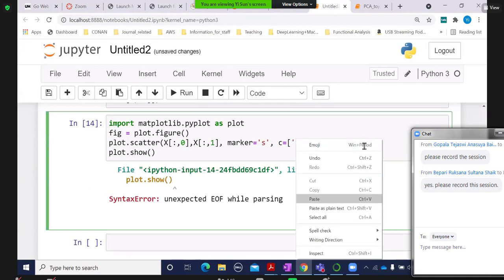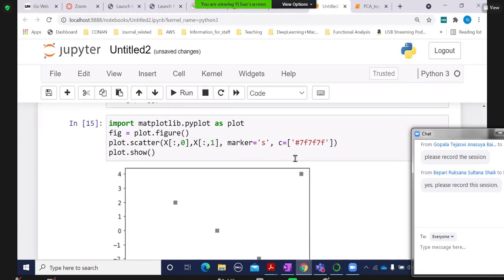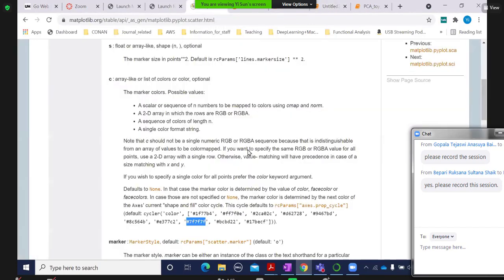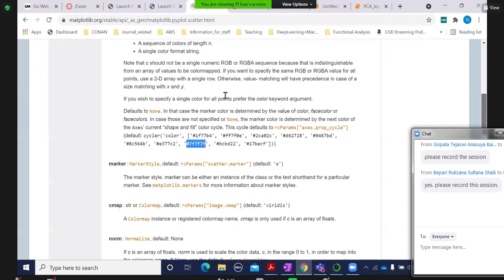Paste. Yeah, this time. Sorry, just now. Right. What do we have? We have different colors. So you can define color by giving different codes here. How did I know this? I just checked the web page, the documentation about how to use this function. Then I get all the information by looking at this document. You can define the different markers and the colors this way.